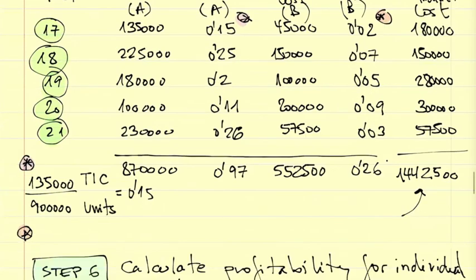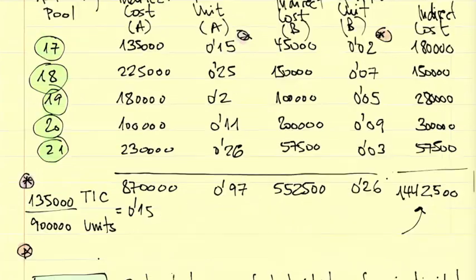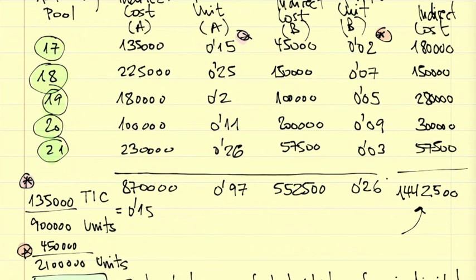It would be cool to have it, but you not always get it. I forgot to put here that the 0.02 is just dividing 450,000 by 2,100,000 units. Okay, total indirect cost.